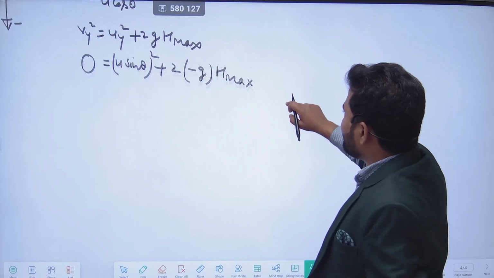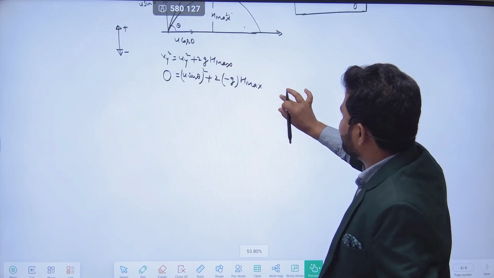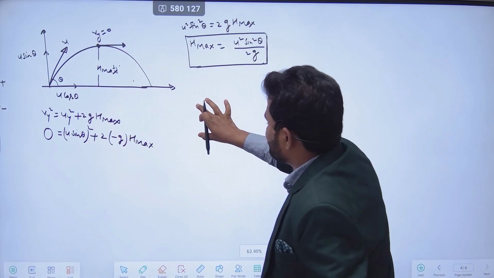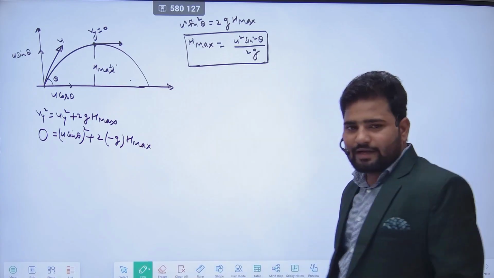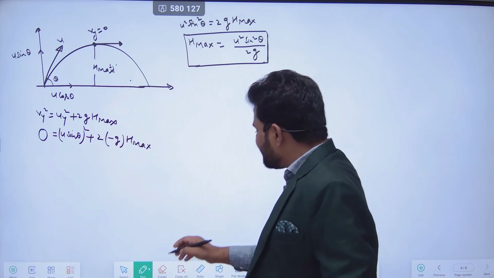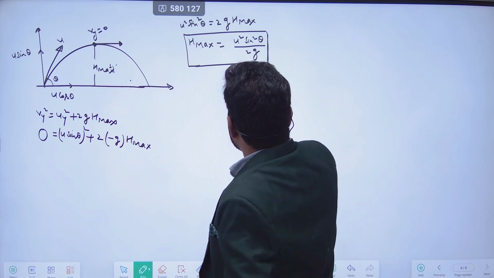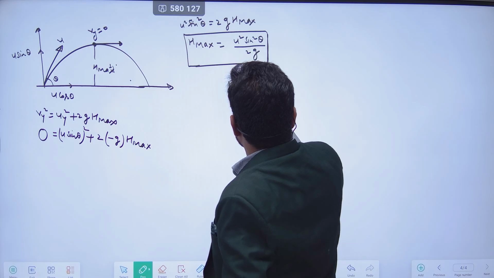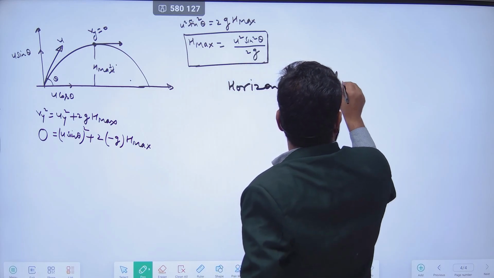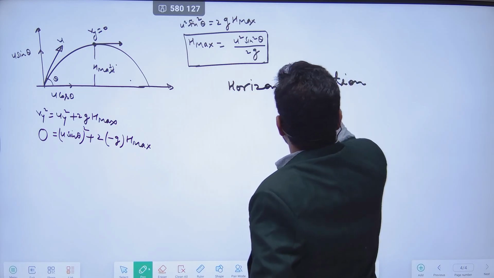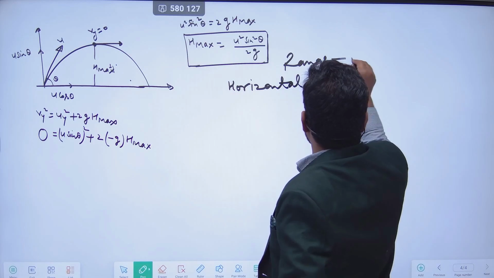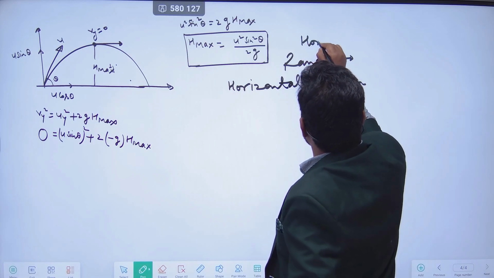To evaluate the range, we know that we are considering the horizontal motion. Which kind of range? Horizontal range.